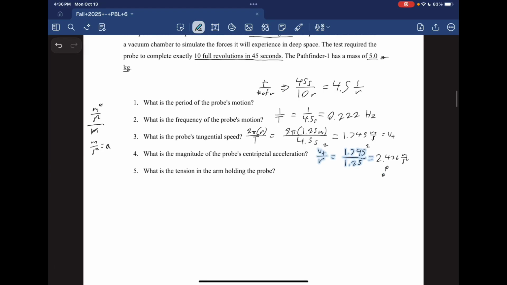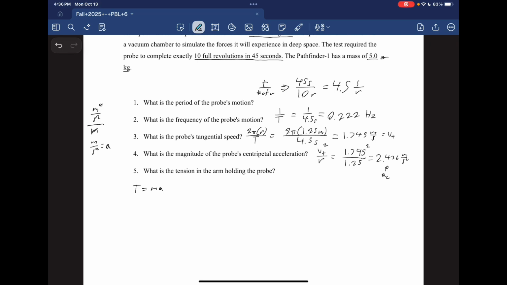Finally, say this is AC, it wants the tension in the arm holding the probe. We know that tension is a force, so tension is equal to the mass times the acceleration. And it's the only force in the horizontal direction. There's a force of gravity on it, but it would be counteracted by the normal force.